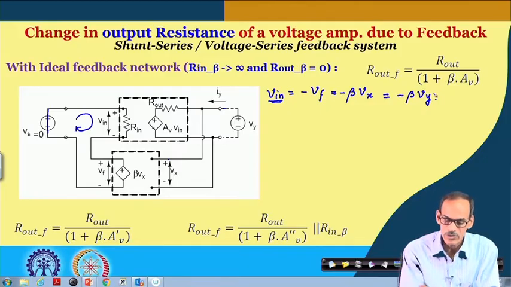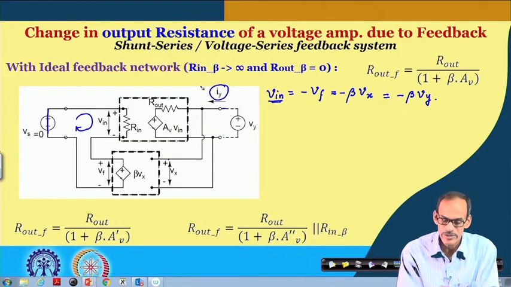On the other hand, to know the corresponding current here, we know the internal voltage is A_V multiplied by V_in, and here we are applying V_y, and the other side is open. So, I_y is essentially flowing through this R_out.